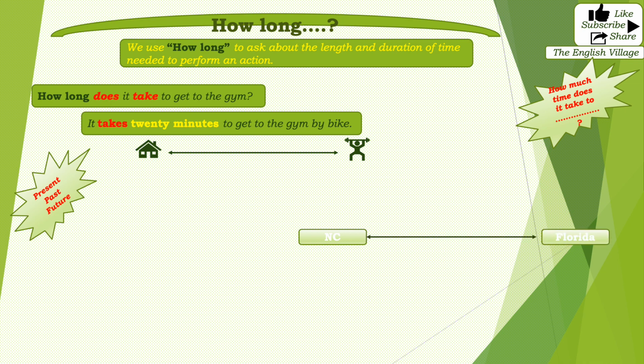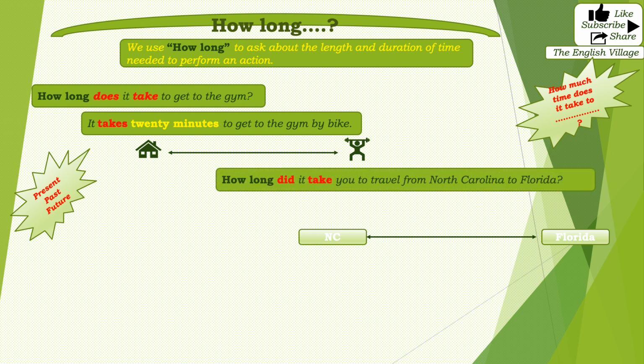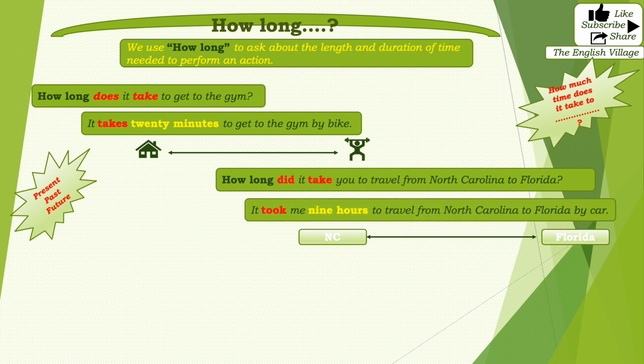From NC, North Carolina, to Florida. How long did it take you to travel from North Carolina to Florida? This question is in the past tense. The answer should be in the past tense. It took me 9 hours to travel from North Carolina to Florida by car.